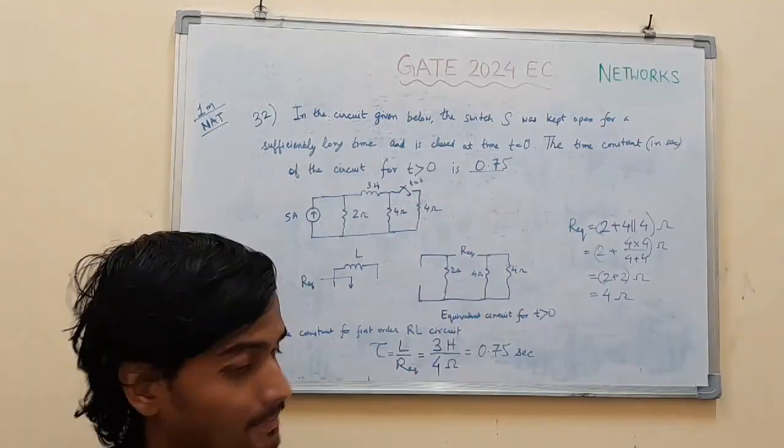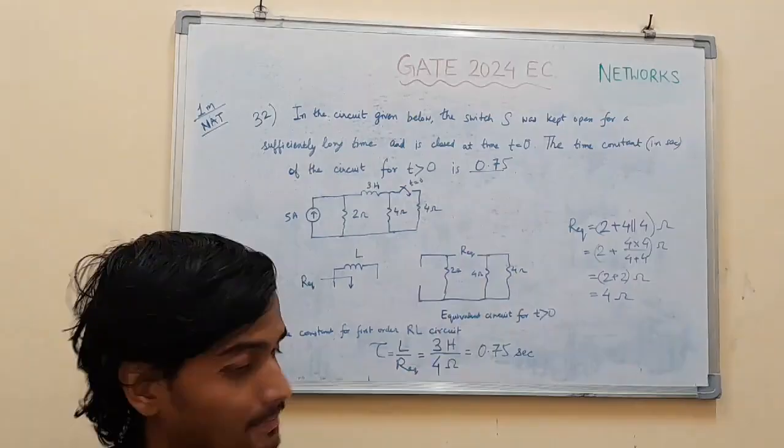Now let's say this is equation 1. If we substitute equation 1, we will get V2 equal to 4 times I1, which is V1 by 2 minus V2 by 2, and 4 I1 plus 4 I2.